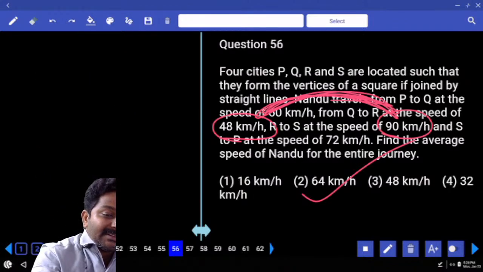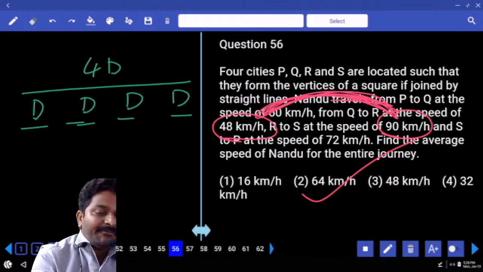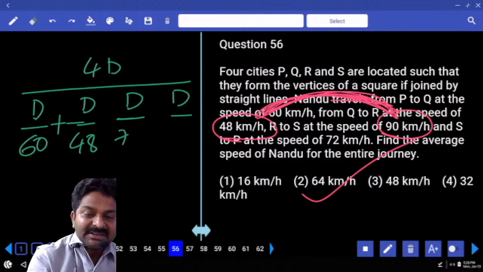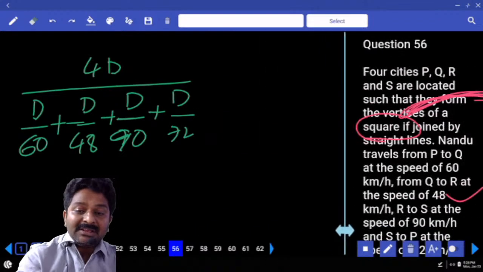Otherwise, you'll have to do it like this. Total distance covered is equal to 4D: first D distance, next D, next D, next D. These are 4 different distances that we have. The first distance is traveled with a speed of 60 km per hour, next 48 km per hour, next 90 km per hour, and then 72 km per hour. So you have to solve this.